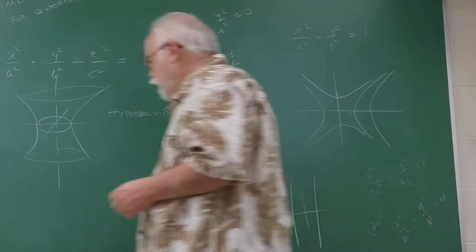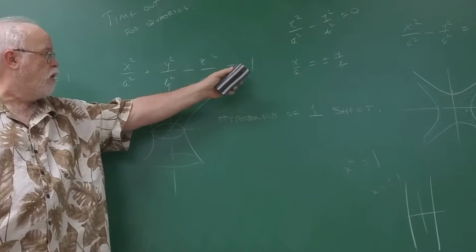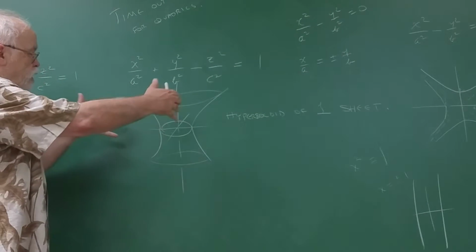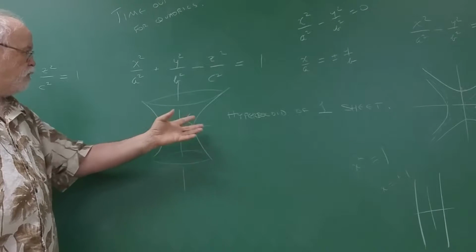Well, now let's play that game in 3 dimensions. Again, if I were to take this and make it a 4 or a 10 or whatever, it would broaden this whole thing out here. It would intersect the xy plane further out.